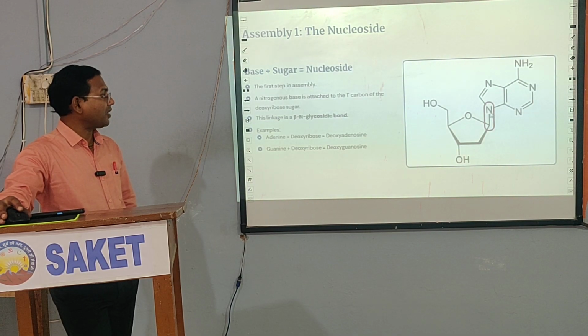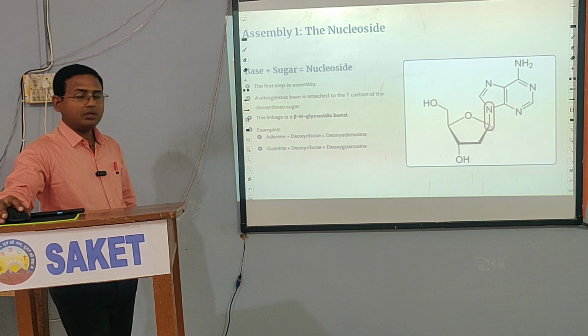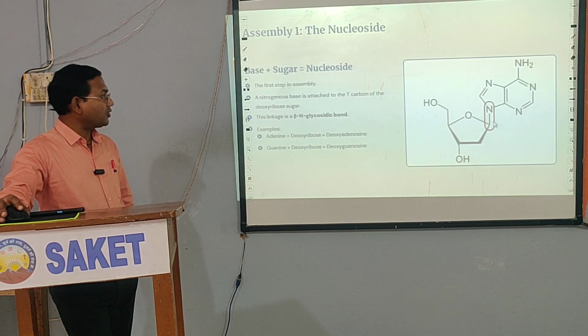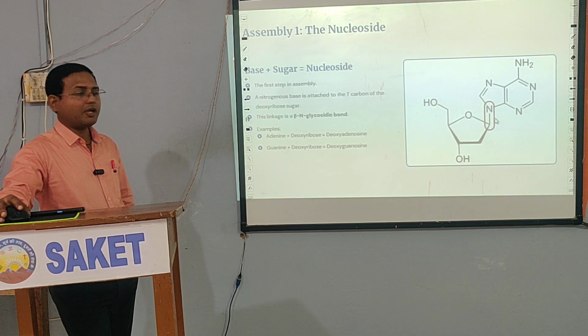At the first carbon of the deoxyribose, it connects with the nitrogen of the nitrogenous base, and this bond is known as a beta-N-glycosidic bond.